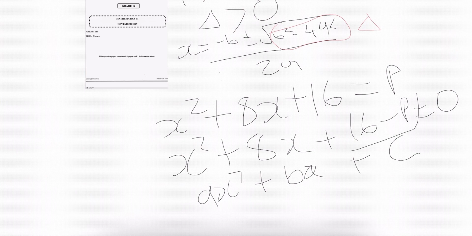So your a is 1, your b is 8, your c is 16 minus p.